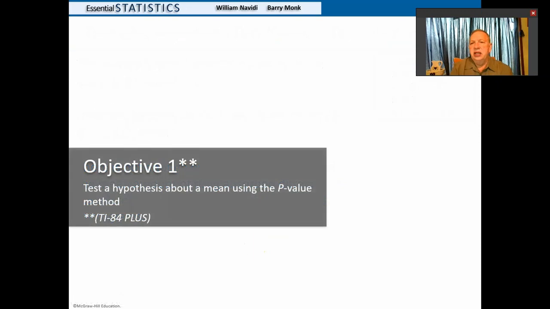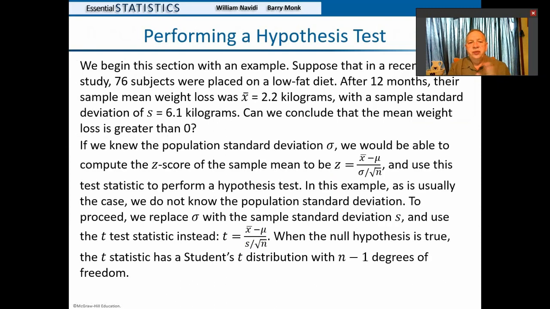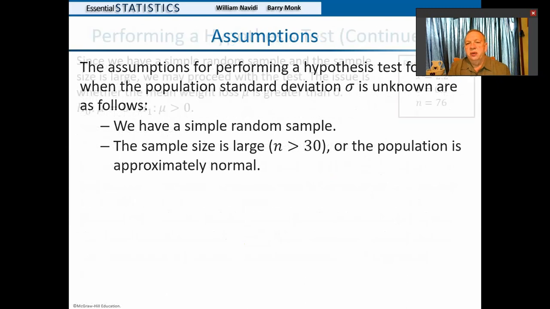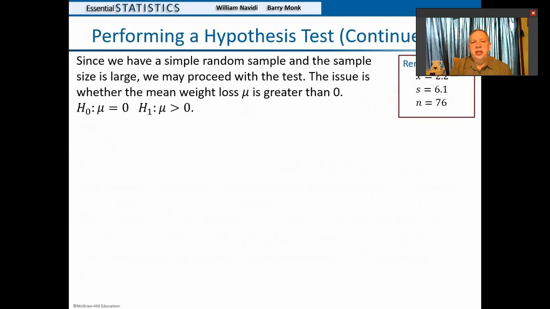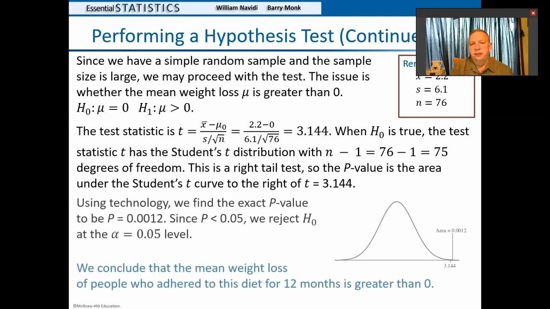So if I do the TI-84 Plus, we went back through that, do the very same thing. This is one we did before. Simple random sample, n greater than 30. We would run these things. This was greater than 0 or less than 0. This is the same one that we ran before, but here's the result and here's how we run it on the 84.